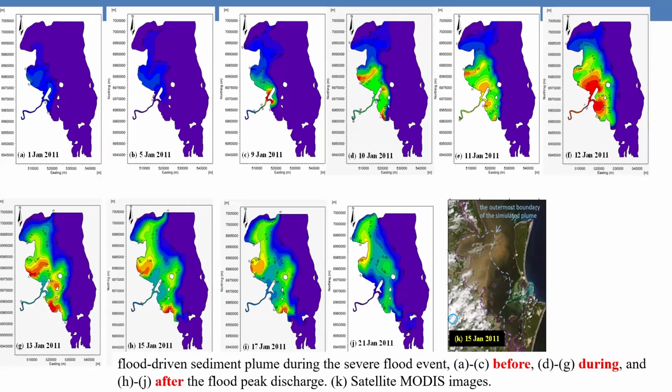And I want to show this one. So we had some comparison of the modeling result over here, and then again compared with the satellite image. This is just an area comparison to see how big the area has been affected by the sedimentation coverage.